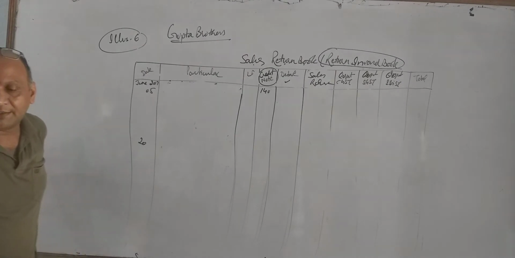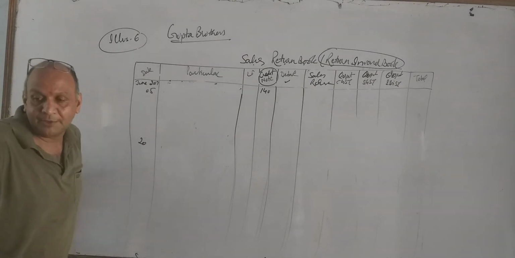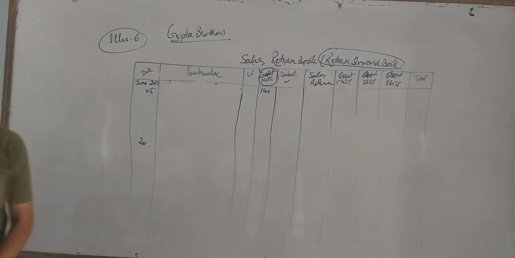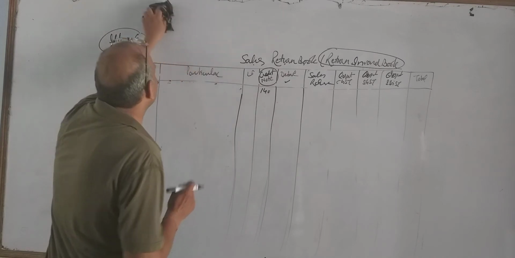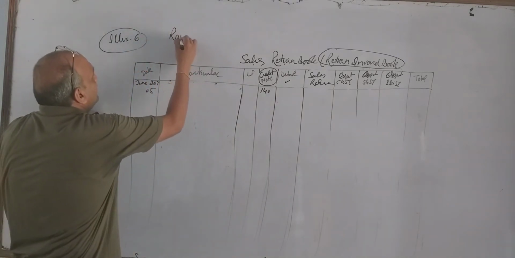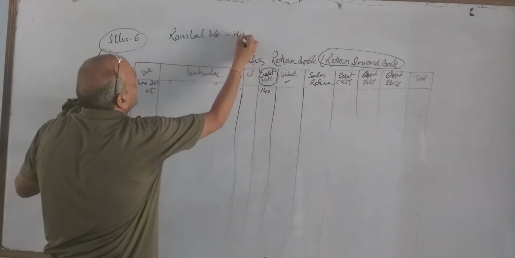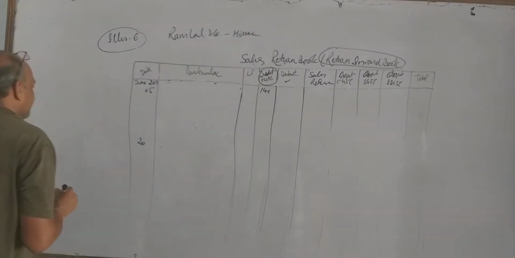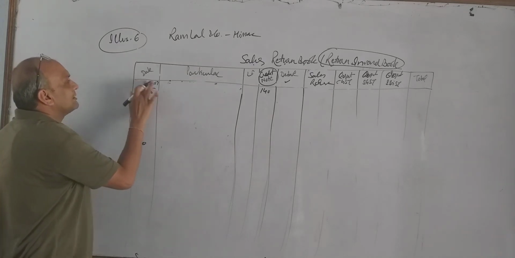It says that this party belongs to, I wrote wrong, it is not Gupta Brothers. It is Ram Lal and Company, Hisar, Haryana.